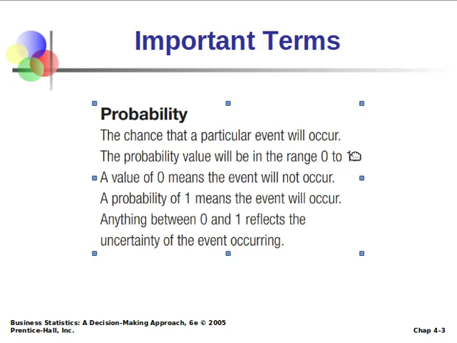No negative, no more than 1. This means that a value of 0 means the event will not occur, will not happen. And a probability of 1 means the event will certainly occur, it will happen. And anything between 0 and 1 reflects the uncertainty of the event occurring.